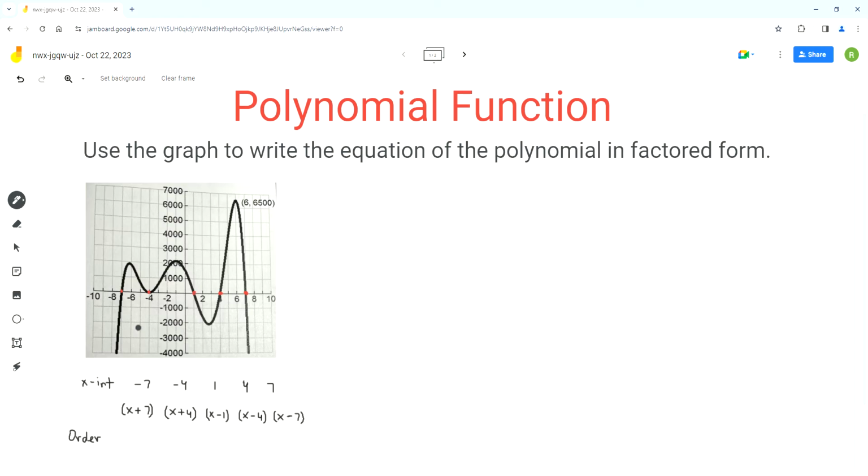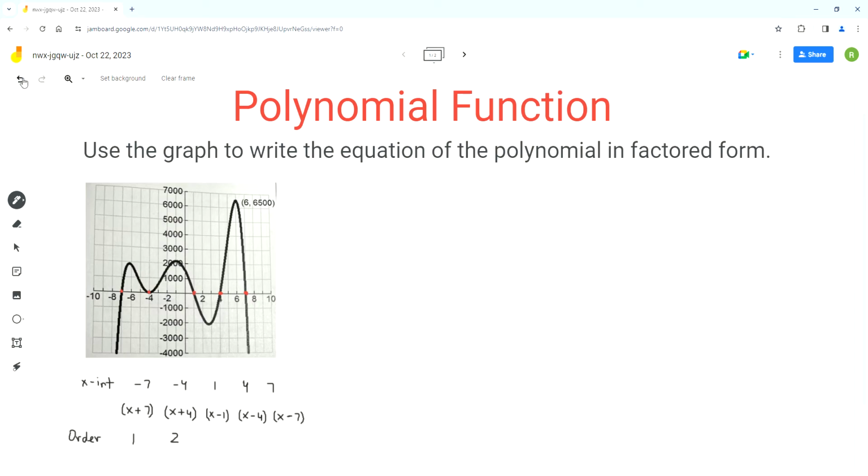So in this case, the order for -7 x-intercept is 1 because at -7 the graph passes straight through the x-axis. But at -4 the graph bounces back, so the order at the x-intercept -4 is 2.